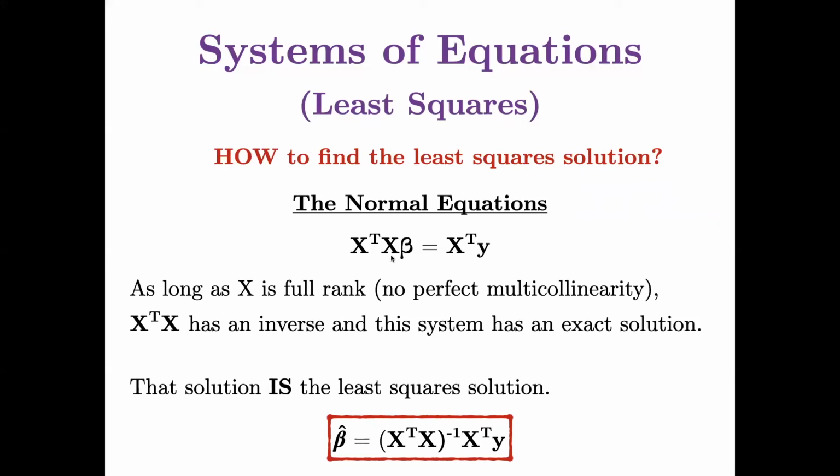We just multiply both sides of the equation by X transpose X inverse. When I do that on the left, I'm left with just beta. Here I've gone ahead and marked it as beta hat because I know it's my solution. And when I multiply that on the right, it just stays as this rather messy form, X transpose X inverse, X transpose Y. And that will give us the least squares solution to the regression system.